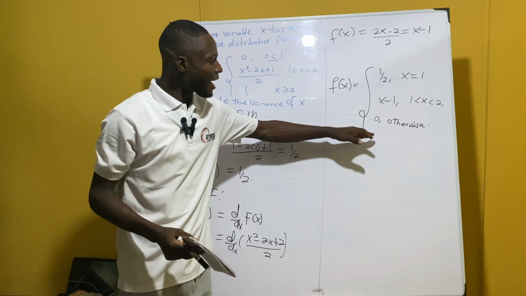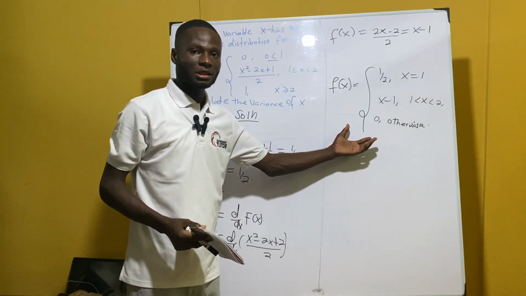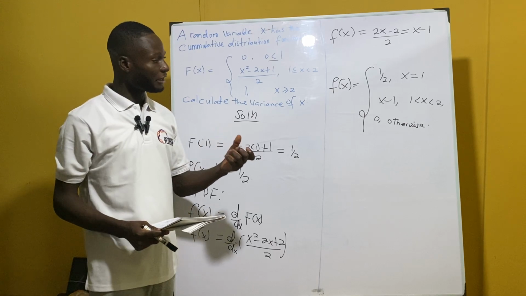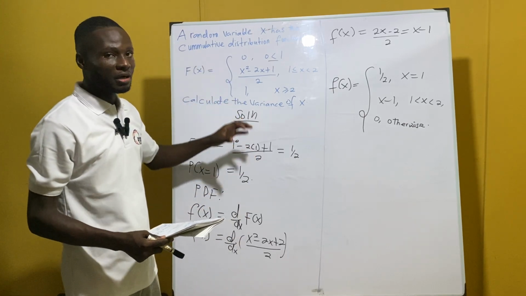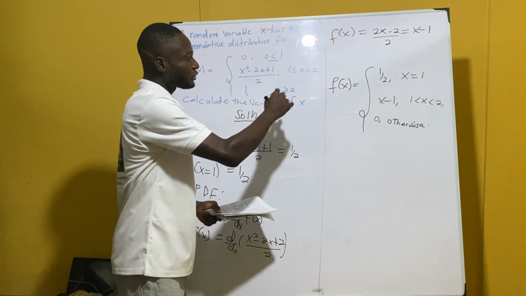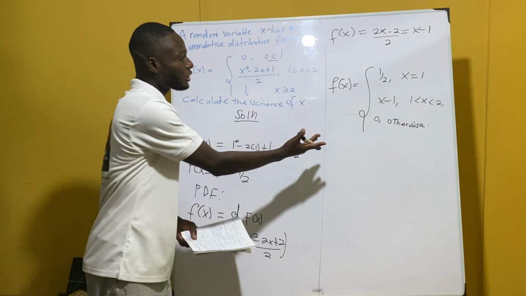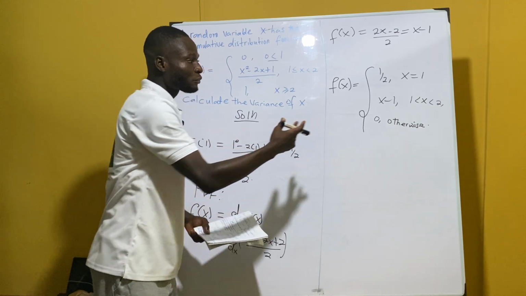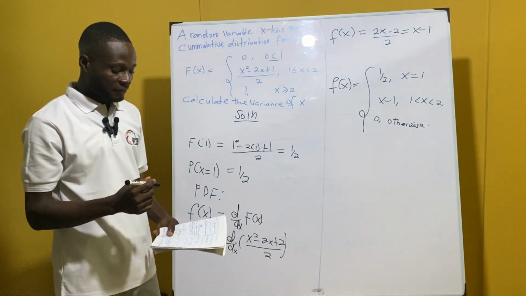So now, having the PDF piecewise function, we can go ahead and find the variance of this particular function, right? To find the variance, once we have been able to determine the PDF, we can formulate our formula for the variance.